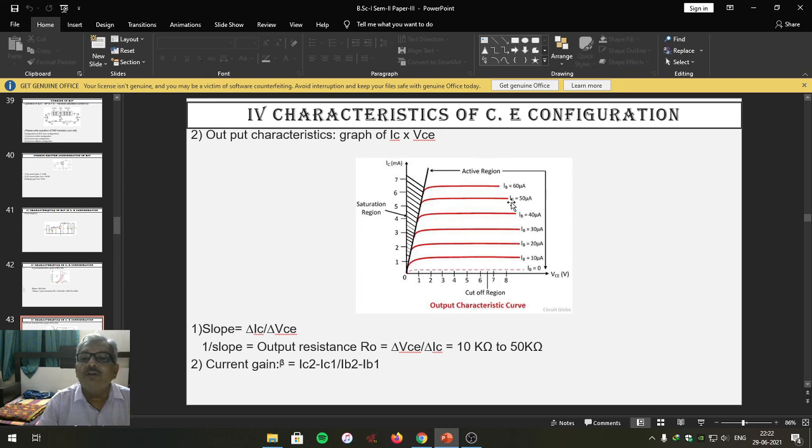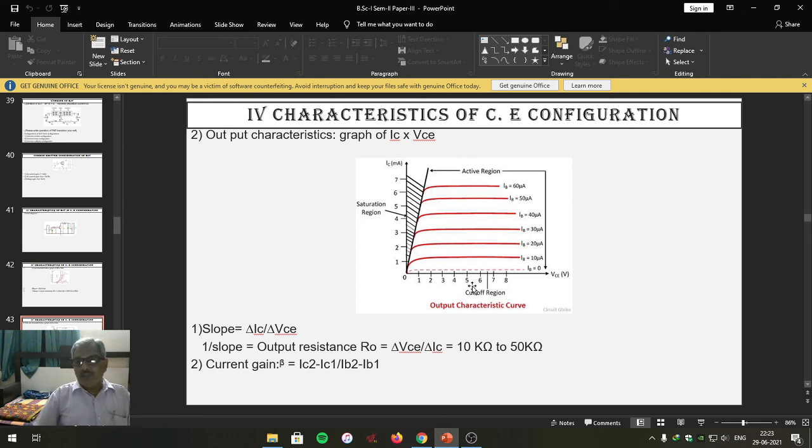Select any two curves, call them IB1, IB2, and draw lines parallel to the x-axis which will intersect the y-axis. For the two curves, you will get two currents IC1, IC2. By definition, current gain is the ratio of change in collector current upon change in base current, that is IC2 minus IC1 upon IB2 minus IB1. This gives you the current gain of BJT in common emitter configuration, which can be determined from the graph.